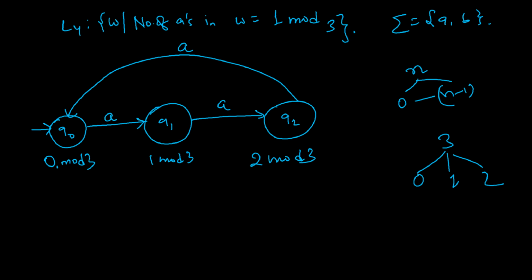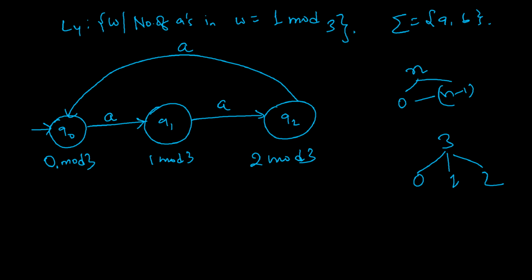We have no concern about B. If you look at this, the transition on A is defined on every state: what happens when you are at that state and the next symbol is A. You have defined that for every state.